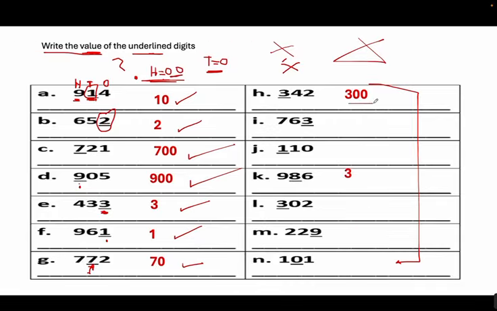Excellent. 300, 3 ones, 3, 100, 8 tens, 80, 3 hundreds, 300, 9 ones, 9, 0 tens, 0.